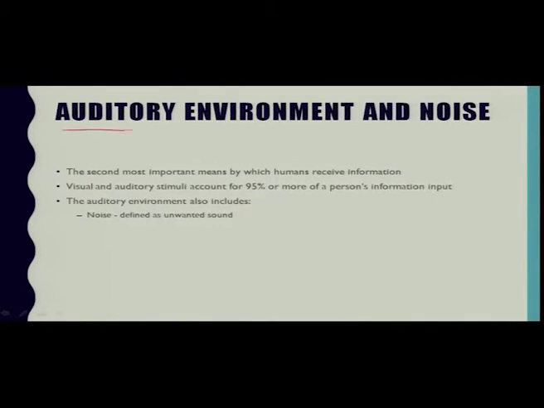The auditory environment is the second most important means by which humans receive information. We are aware that visual and auditory stimuli in combination give 95% or more of a person's information input.